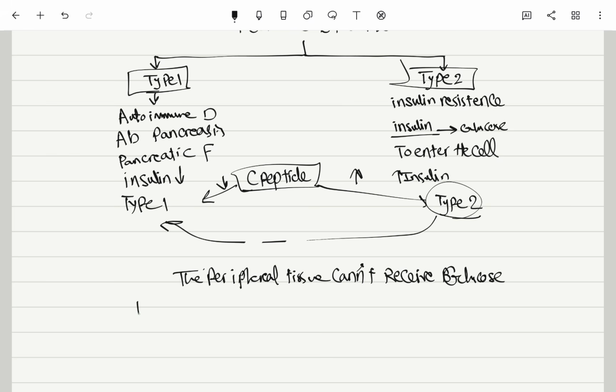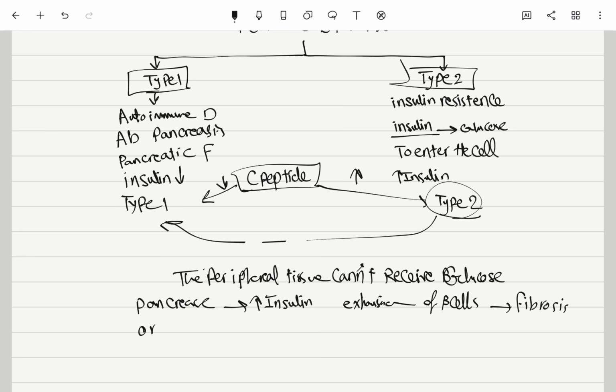This will make the pancreas secrete more insulin, and this will cause exhaustion of beta cells, making them fibrosed. So in the long run, type 2 will be converted into type 1.